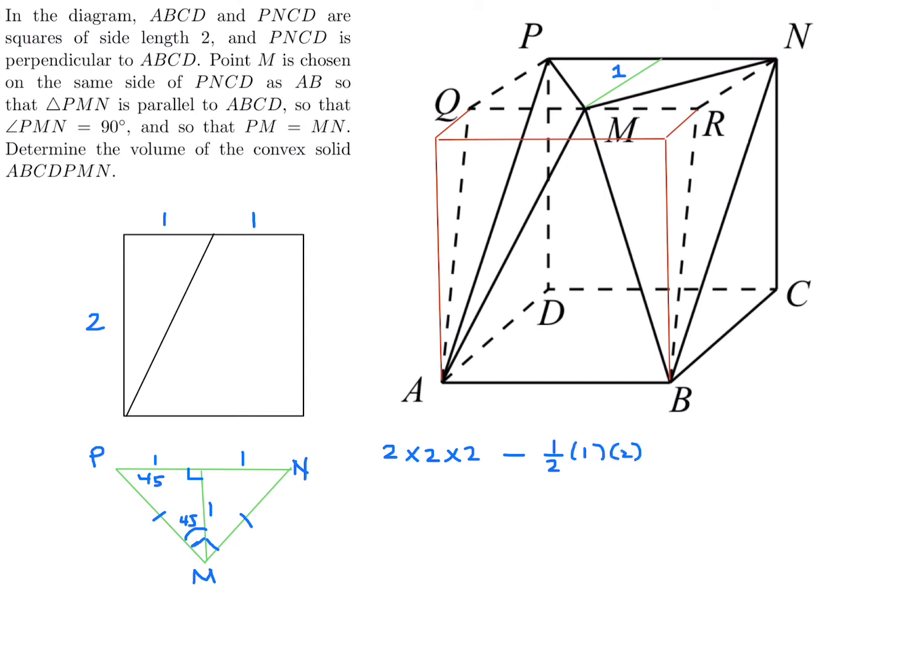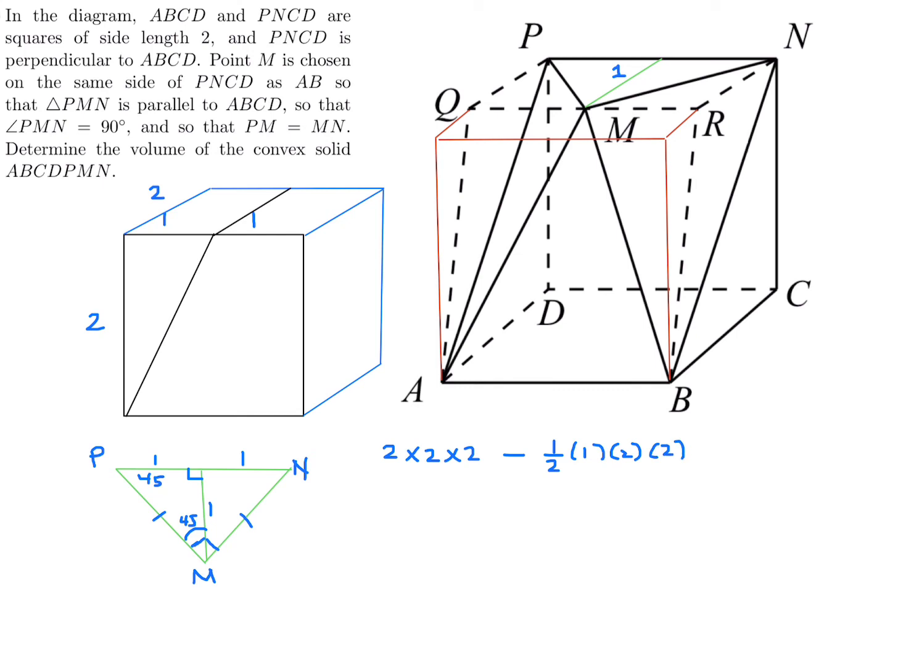And then, of course, I have to multiply by the fact that this is a cube. It extends, and when it does extend, that side over there is 2. So the volume of that chunk that is cut out would be 1/2 base times height times 2, because remember, we're calculating volumes.